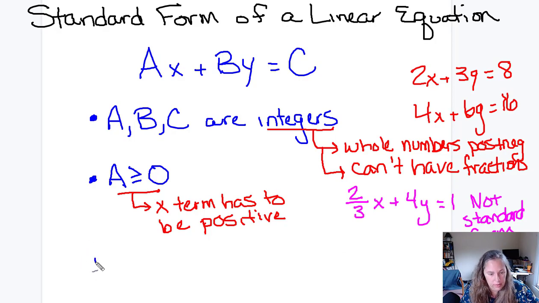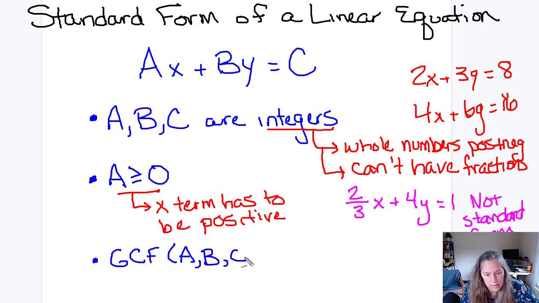Okay, the next one is that the greatest common factor of a, b, and c has to equal 1. And that's the math way of saying what you guys said, like it has to be simplified.